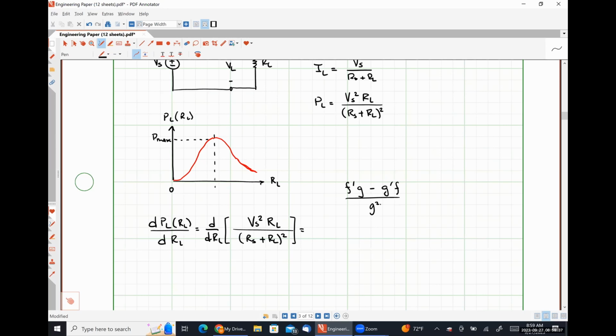Just Vs squared, okay? Times Rs plus RL quantity squared, okay? Minus, so what's the derivative of the denominator?